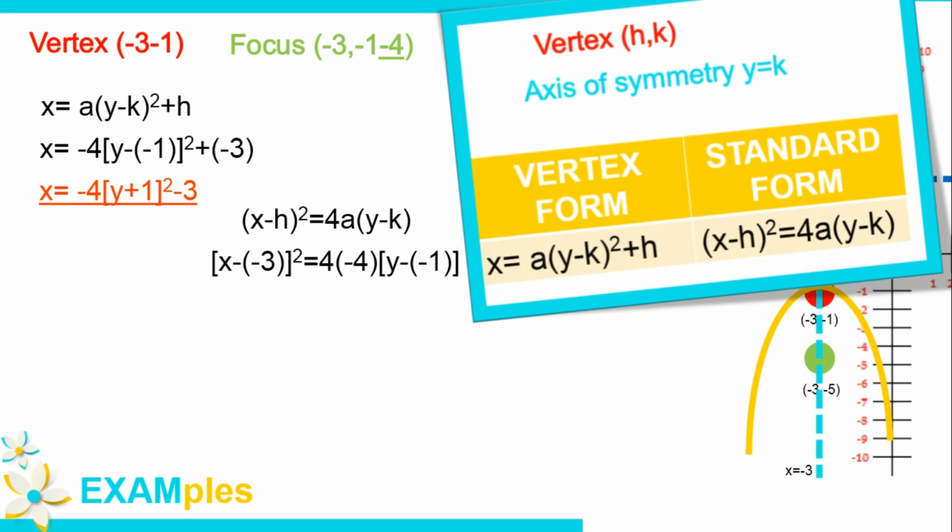And y is equal to y minus negative 1. So, muna siya, negative times negative is positive. So, copy 3 squared. 4 times negative 4 is negative 16. And y, negative times negative is positive 1. So, this is the standard form of the parabola.